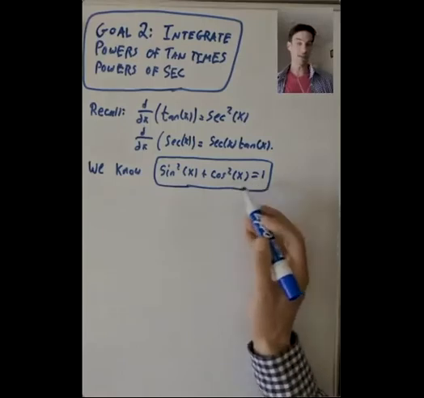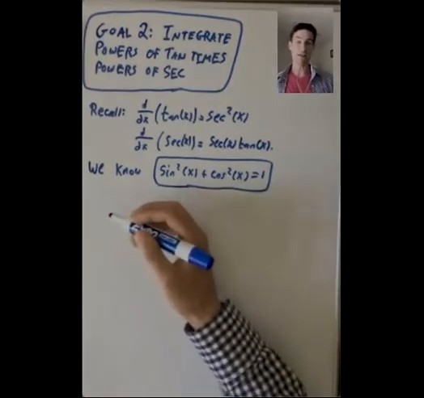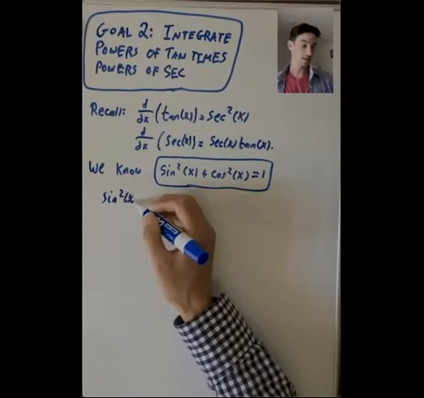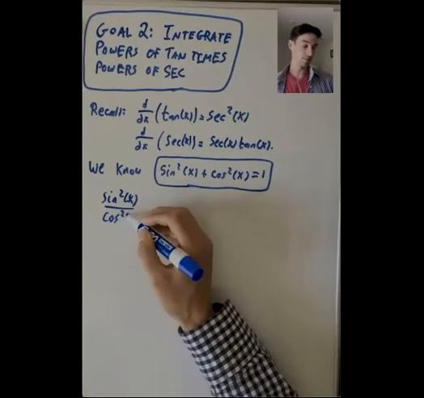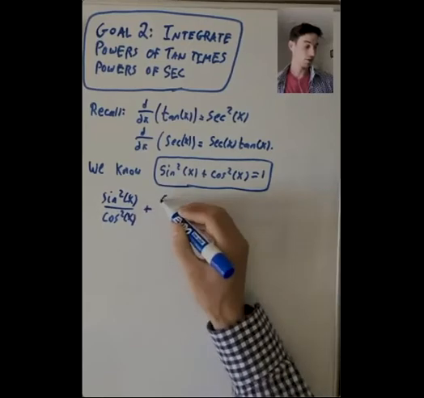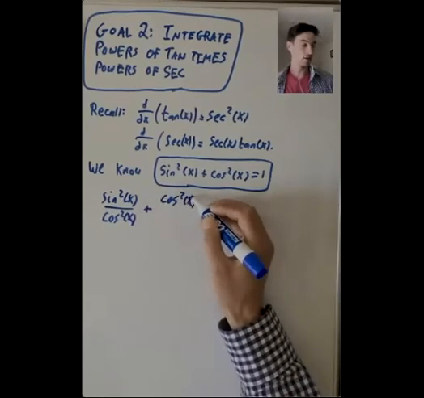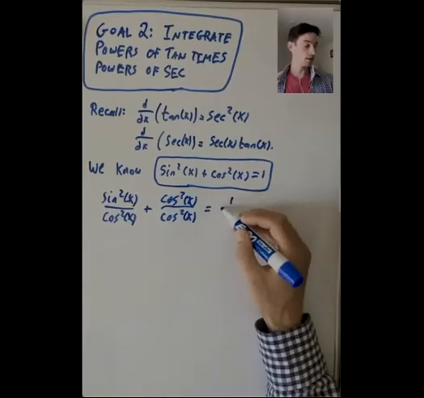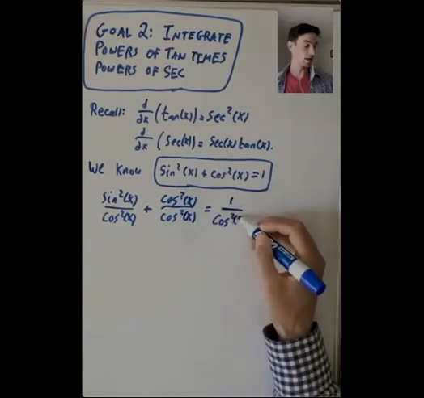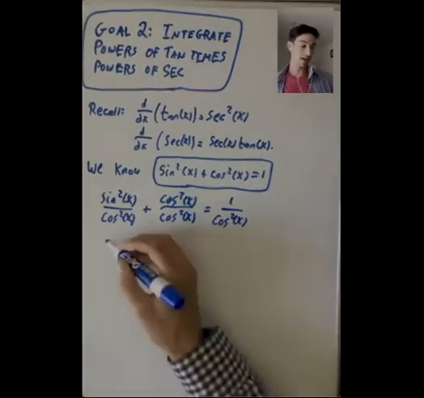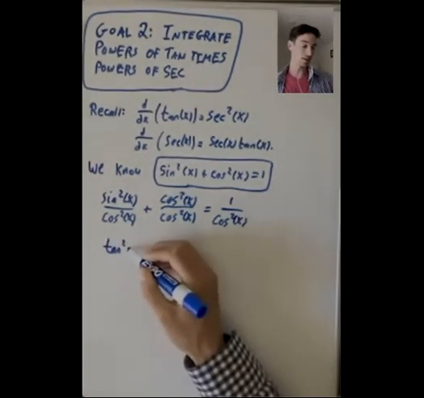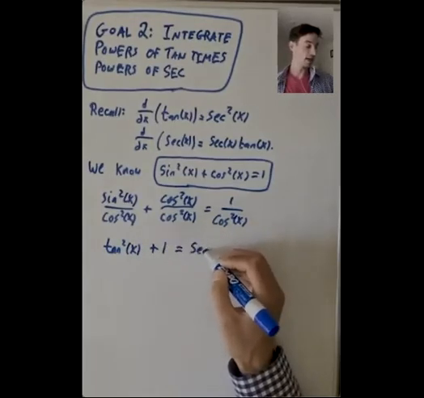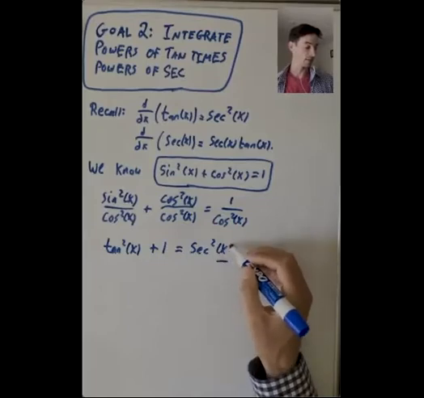Starting from this identity, if we divide everything by cosine squared x, what we get is sine squared x over cosine squared x plus cosine squared x over cosine squared x equals 1 over cosine squared x. And we can rewrite this as tangent squared x plus 1 equals secant squared x.